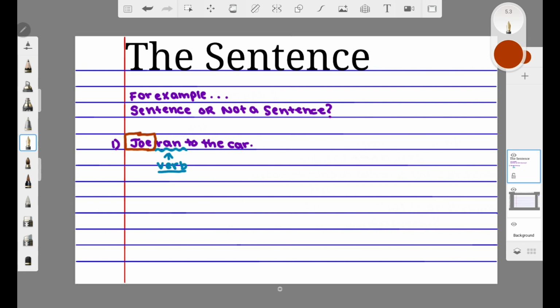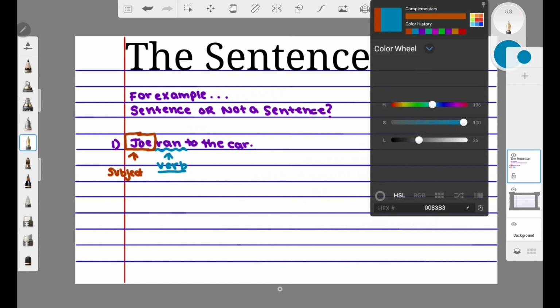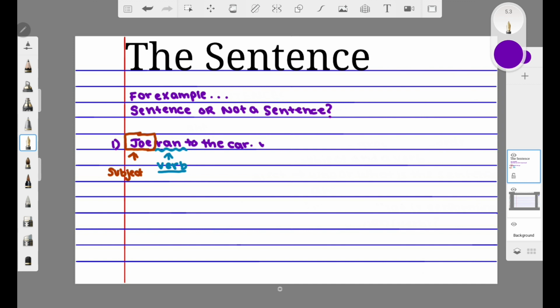And if we look at it with the other definition of subject, it's telling who the sentence is about. Who ran to the car? Joe ran to the car. Alright, so we have found both a subject and a verb. So that means that we can conclude that, yes, this is a sentence.